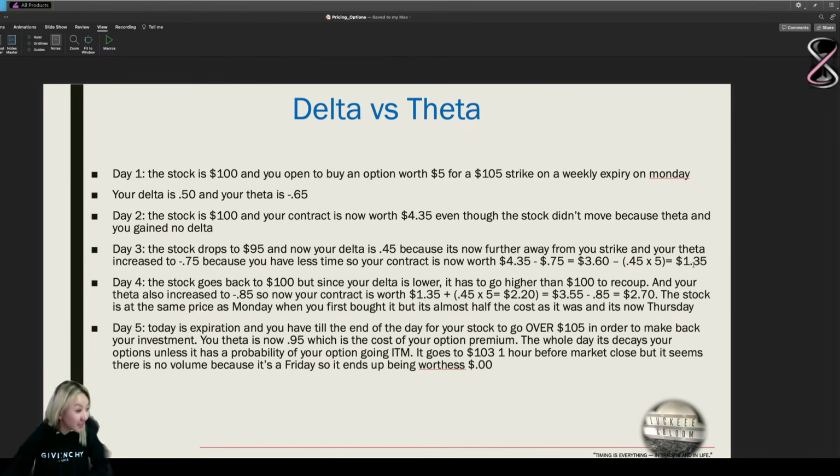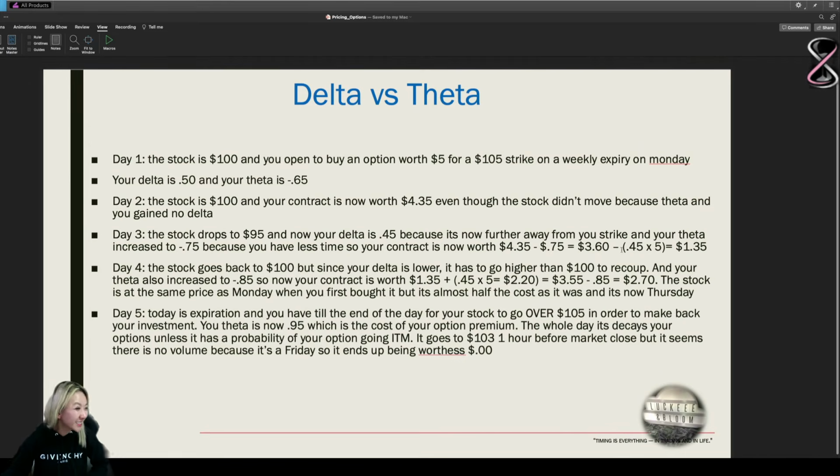Thank God, next day it goes back up to $100. Yay! But you know what? All this time decay just killed your option's premium, because your delta first of all just got lower, so it has to work even harder to recoup what it lost.